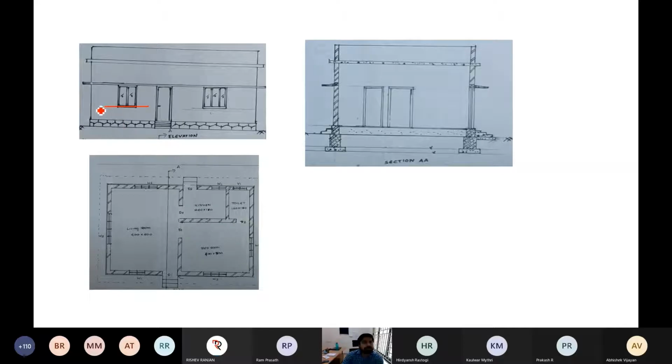You see while I am drawing, it is visible to you. Is it visible? Yes. Here, this is your sectional plan. How do you get a sectional plan? Suppose imagine this is your house. When you cut it, imagine that you are cutting this plane below the window level, cutting the entire building.